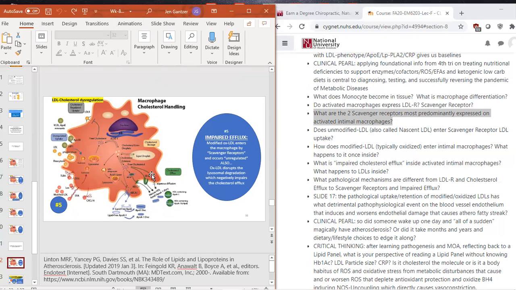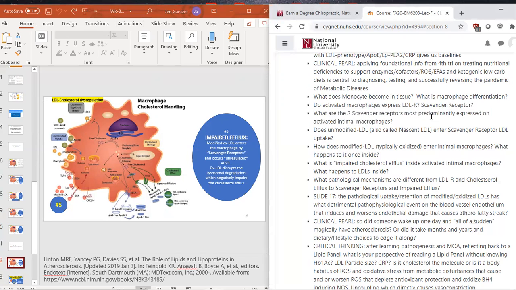If there's more oxidized LDL, which of course there is, it will eat more and eat more, and the LDL keeps going inside, which is modified and oxidized. And then guess what? More and more CD36s and LOX1s get activated, and they just take up as much as they can get, and they kick it inside. Unregulated LDL uptake.